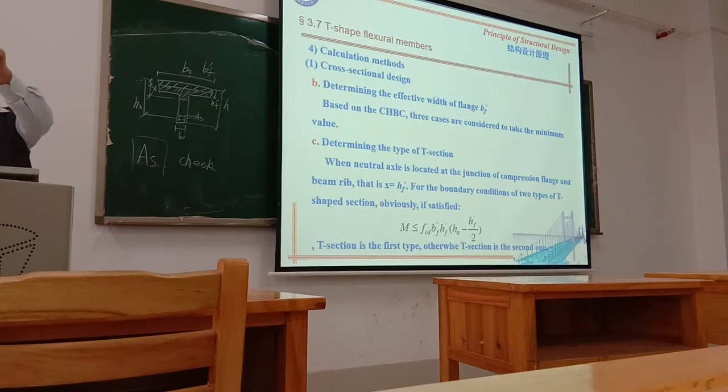If this is smaller than this, which type does it belong to? If it's smaller, type 1.